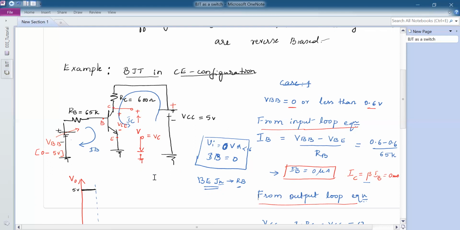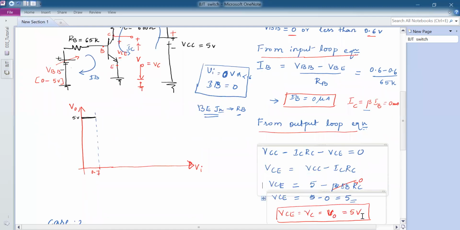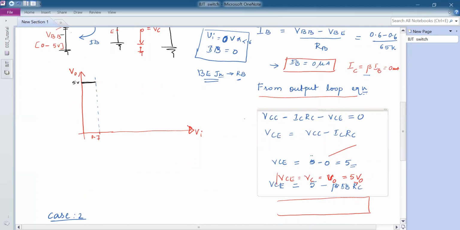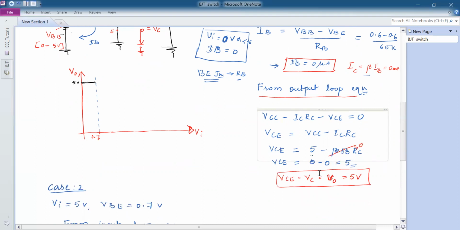Now, for the same input voltage, which is 0 or 0.6 volts, the output loop equation is written as VCC minus IC into RC minus VCE equals 0. With this, we can find the VCE voltage as 5 minus beta times IB, which is nothing but IC, times RC, which will give you 0 drop because IC is 0.